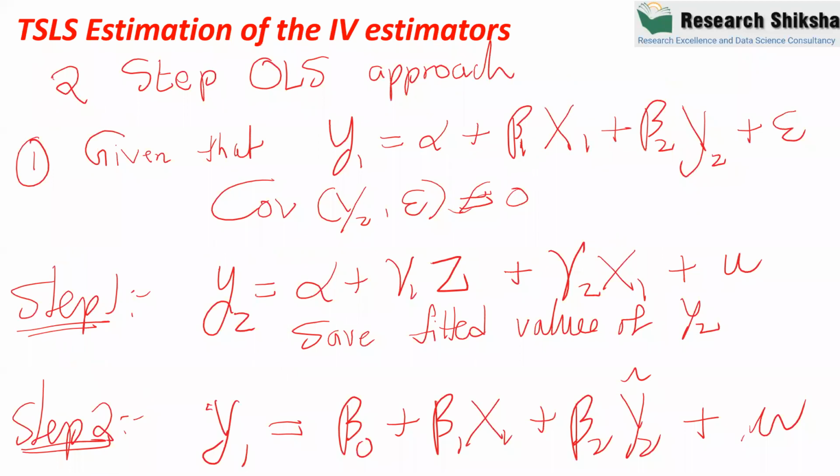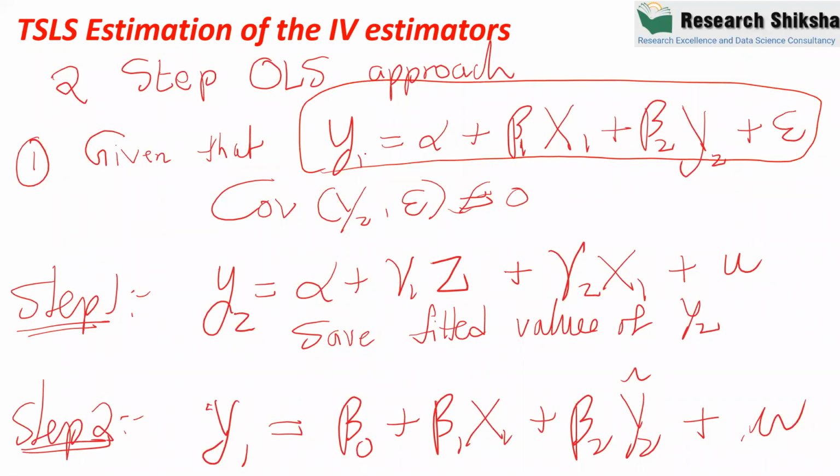Now, what do we actually do in the second stage least square? Just try to see the relationship. This regression model is given, where y1 depends upon x1, which is one of my independent variables.